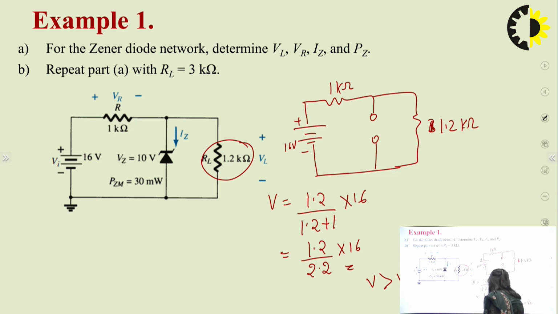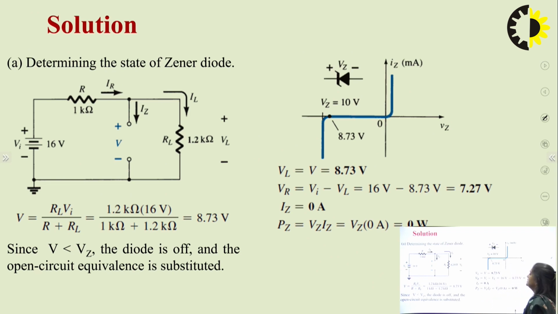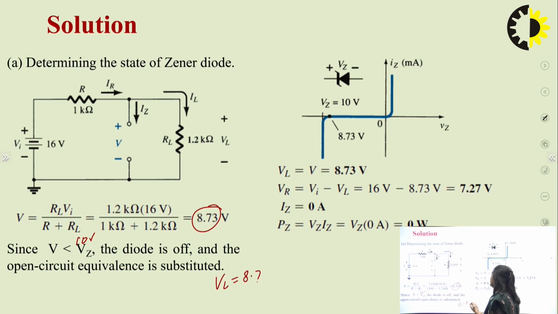So we can see here we have calculated the value, that is coming 8.73. So 8.73 is less than 10 volt. So the diode is in off condition, and in that case the output will be equal to 8.73 volt. Now in this case the value of VL would be equal to 8.73.